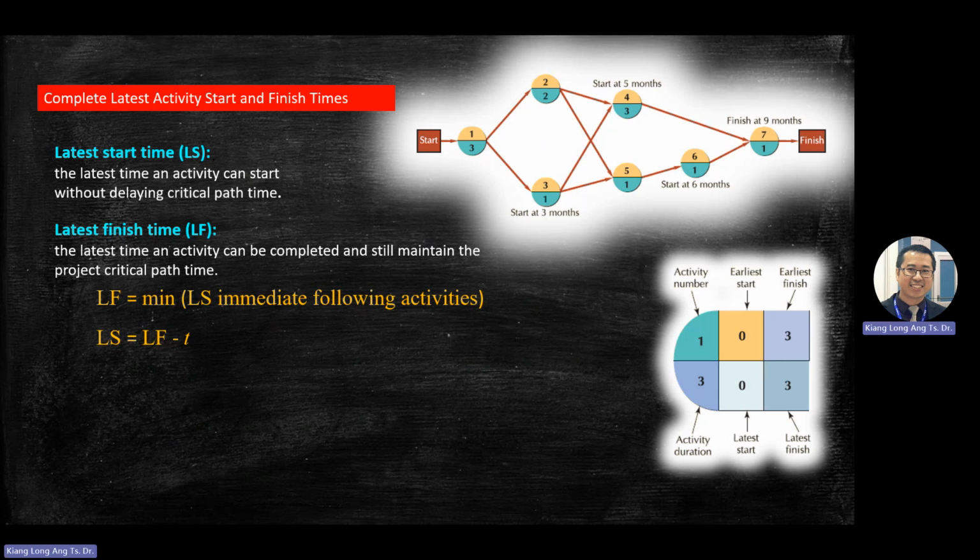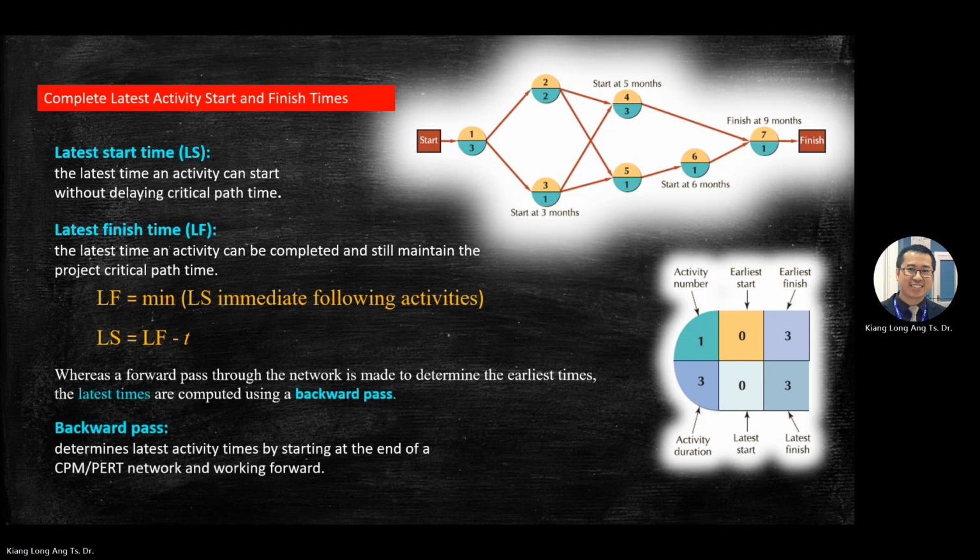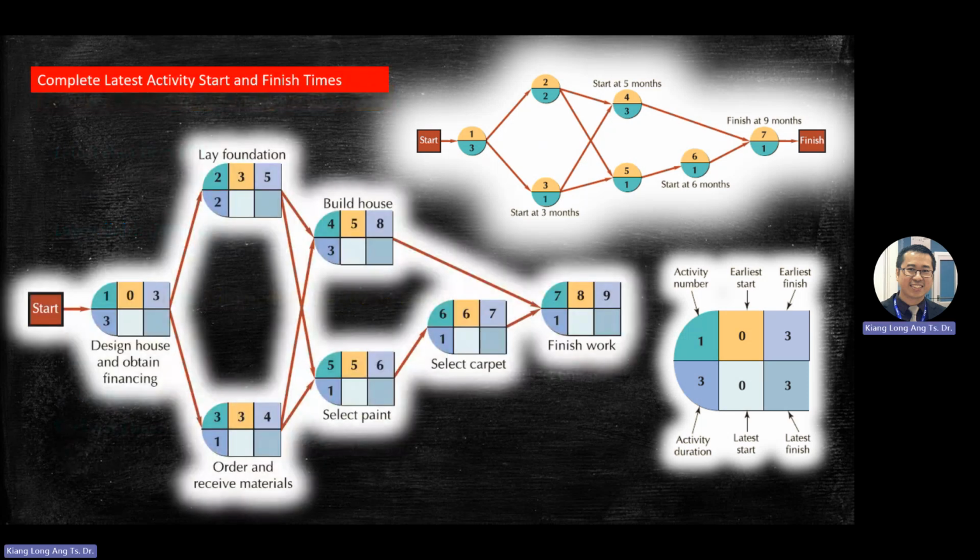Okay, I'll show you the steps. So if you understand, this is the backward pass. So you understand the forward pass answer now. What is the answer for this box here? What's the answer? 9. How to get the answer for this one? This one minus this one equals this one.